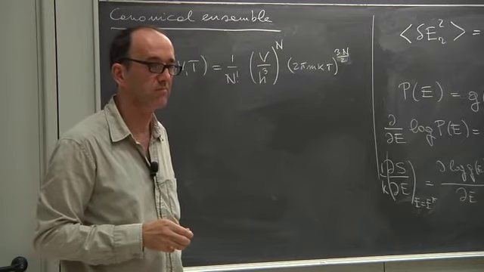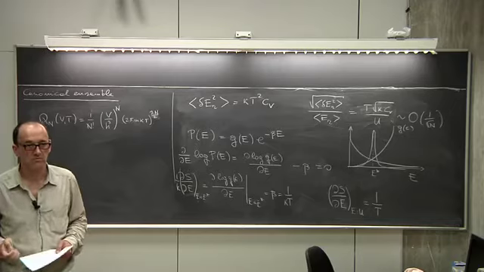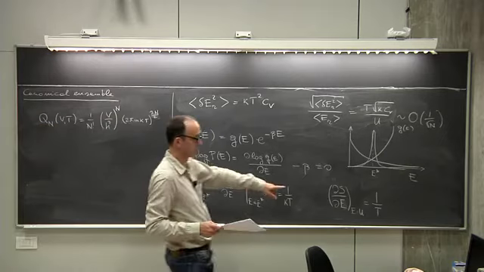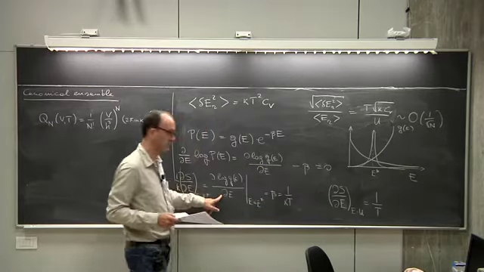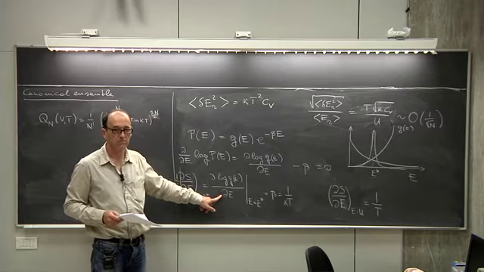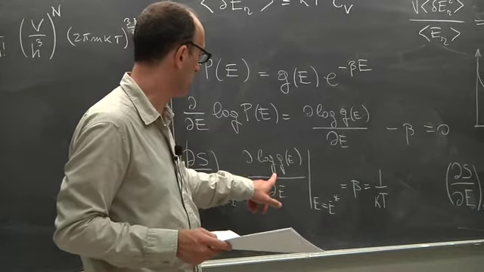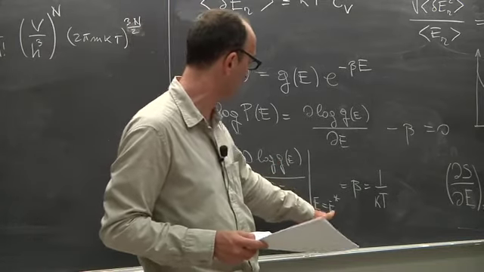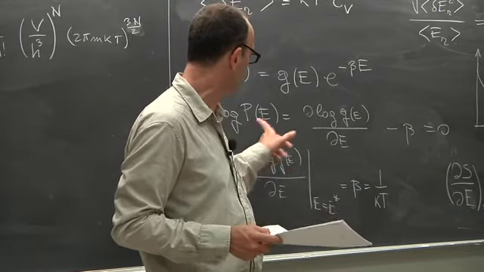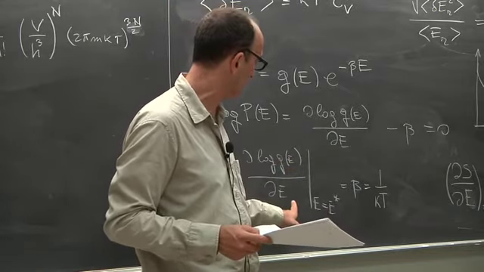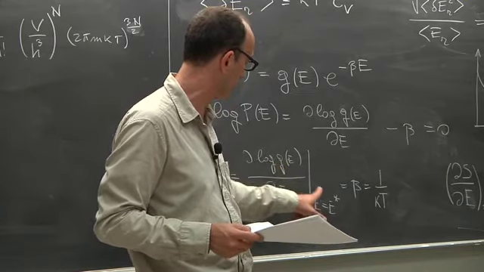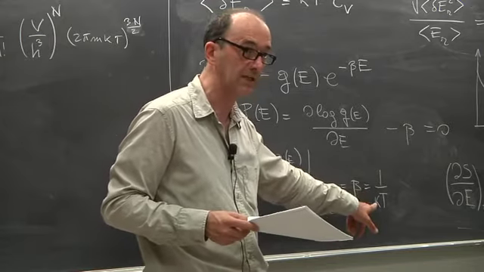What I'm saying is that we are looking for the maximum. You call E star the maximum. So the condition that this is maximal tells you that the derivative of the log of G(E) at E star must be equal to 1 over kT.